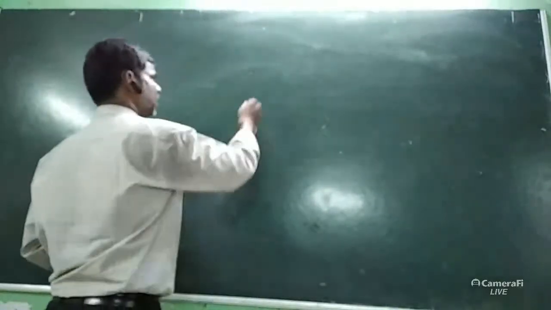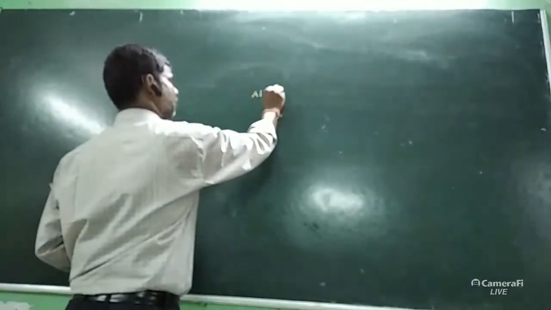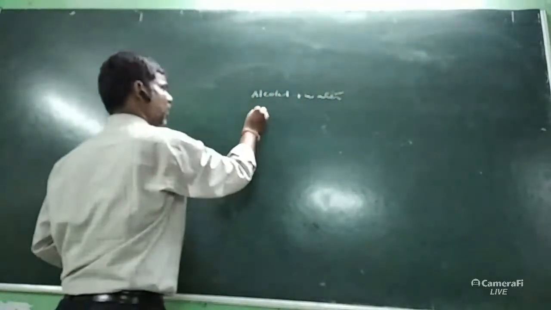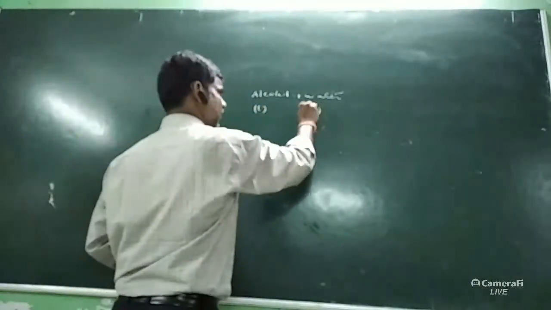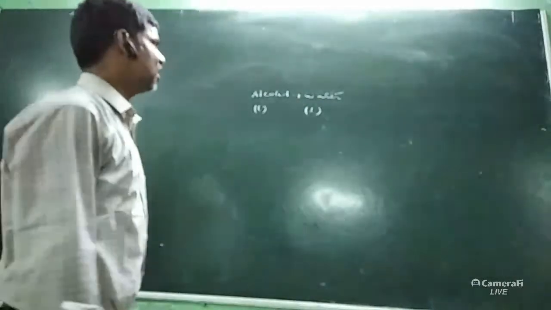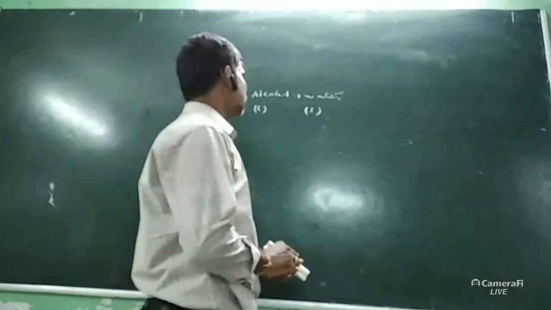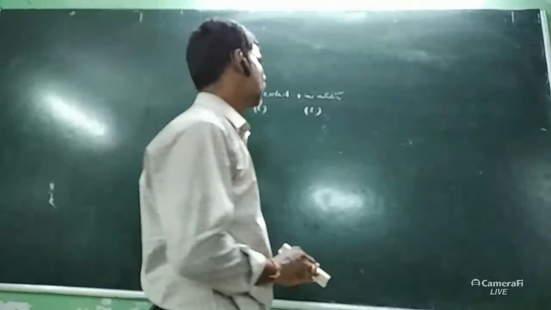Suppose we take alcohol plus water. It will have the liquid state. In this case, alcohol plus water, what is the solute and what is the solvent?